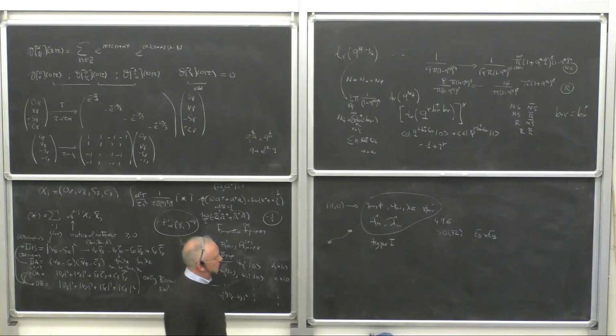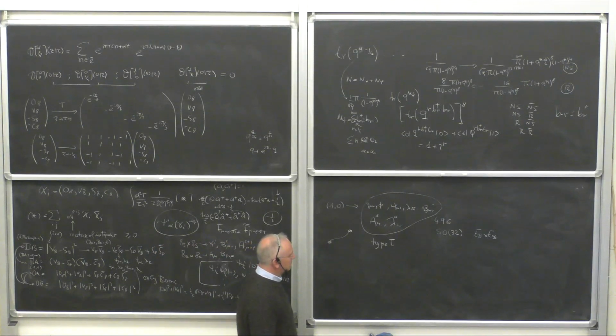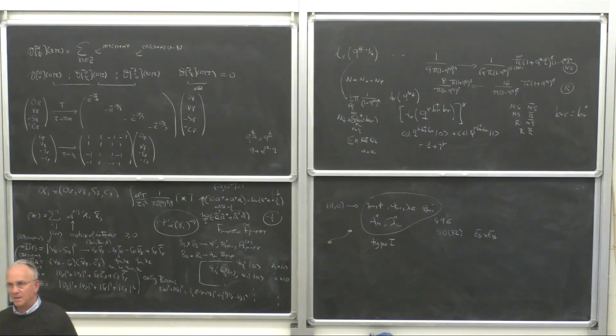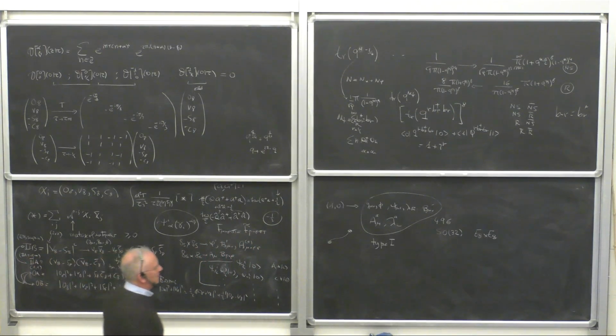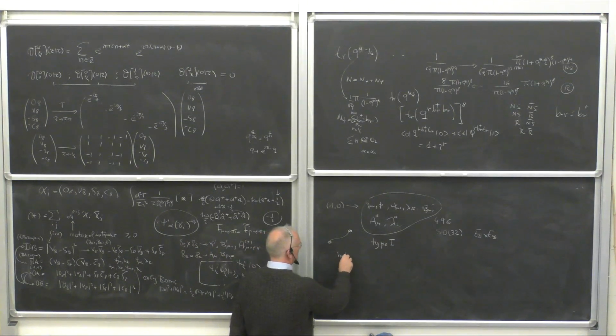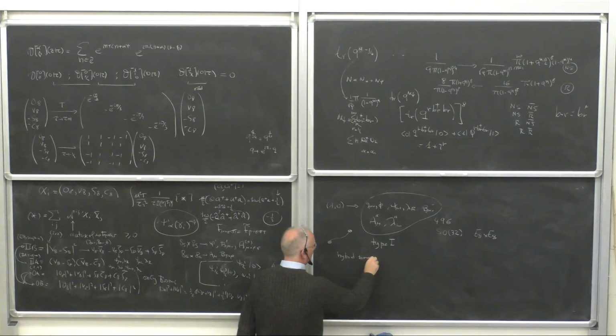And so what people found, this was done by Gross, Harvey, Martinec, and Rohm at the time, is that there is another way of constructing string theories, which is a hybrid between the bosonic and the superstring.